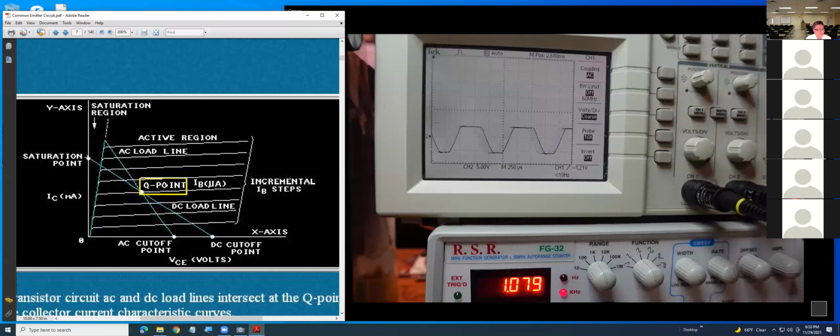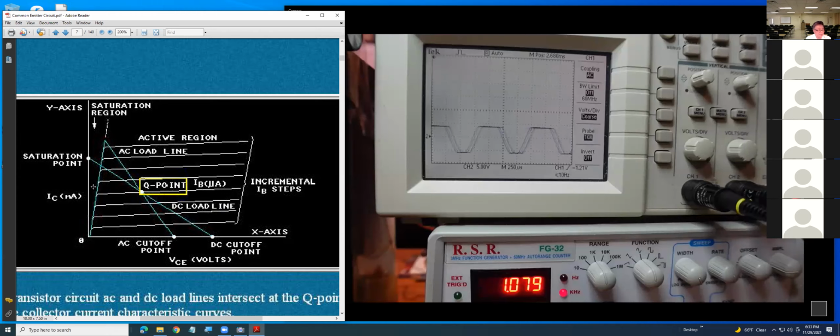Okay, and this is the saturation area, where the current IC equals saturation at this point. And this is the voltage VCE for the cutoff. On this line, IC equals 0.